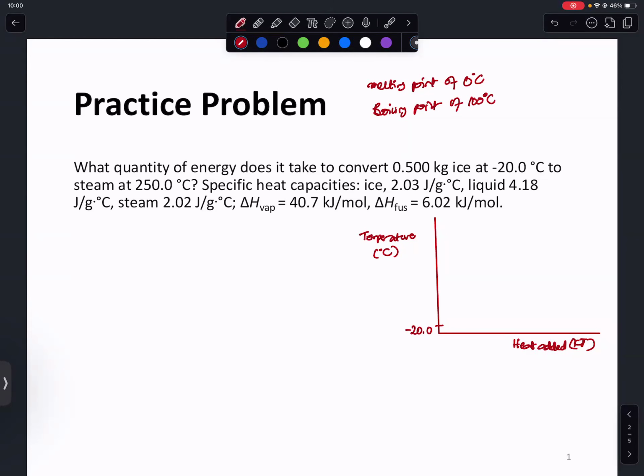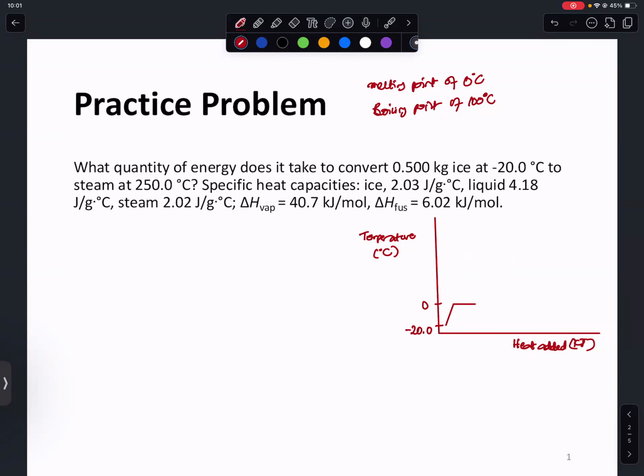So I will draw a slanting line to show the increase in temperature, and I will stop at 0 degrees Celsius because this is the melting point of ice. And after all the heat is absorbed and it reached 0, I will draw a tiny plateau, and this plateau will indicate that there is a phase change occurring.